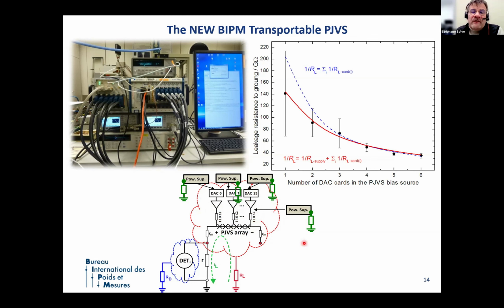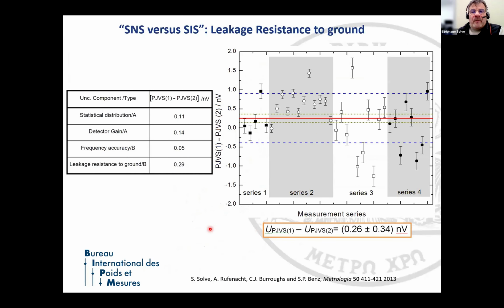So you really have to be careful with any part of the DC bias to avoid any systematic error coming from the leakage. And this is to illustrate the importance of the leakage resistance to ground.